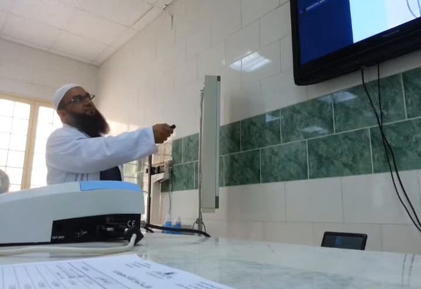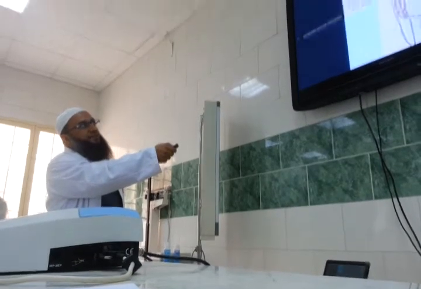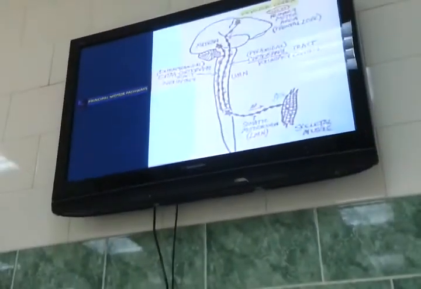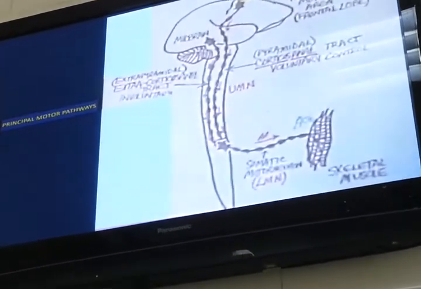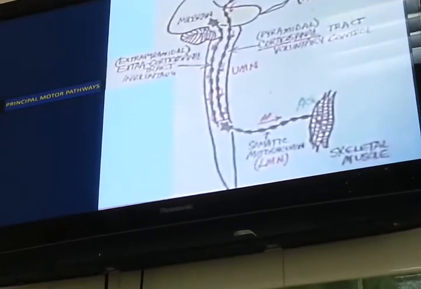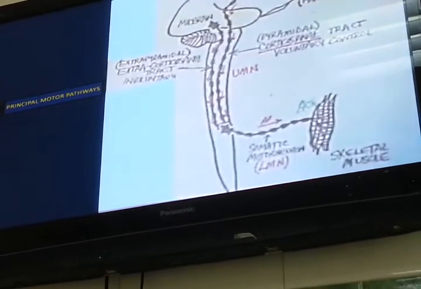The second type starts from the midbrain. This neuron also synapses with the same somatic motor neuron, whether it stimulates or inhibits the somatic motor neuron. But what is the difference between them? This controls the involuntary contraction of the muscle.